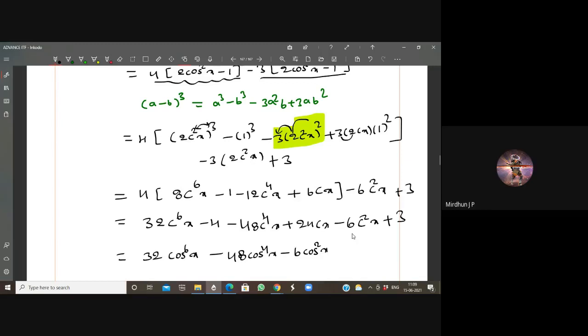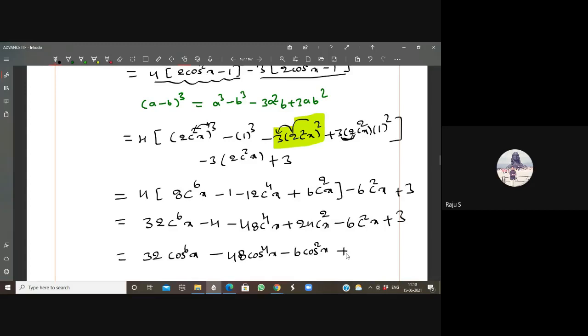Actually, that must be 24 cos square x, because it is cos square here, it is also cos square. I have written here 6 cos x, it is not 6 cos x. Here cos 2 into 3, 6 cos square x.